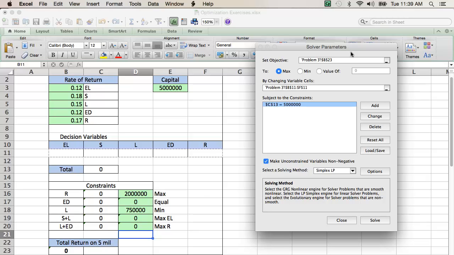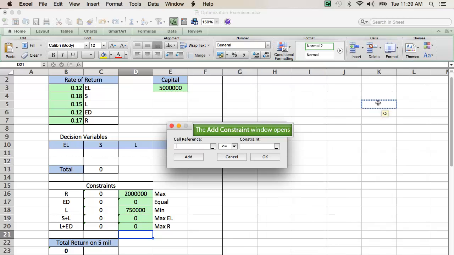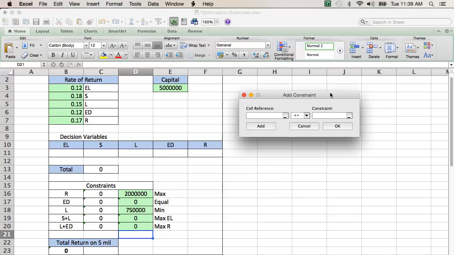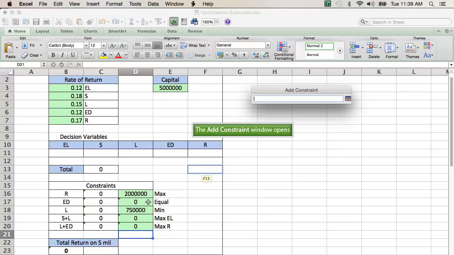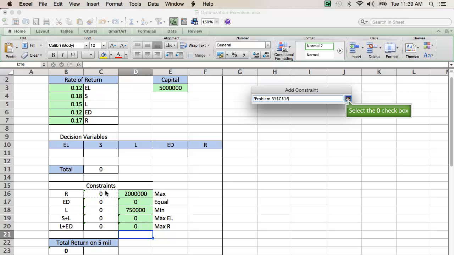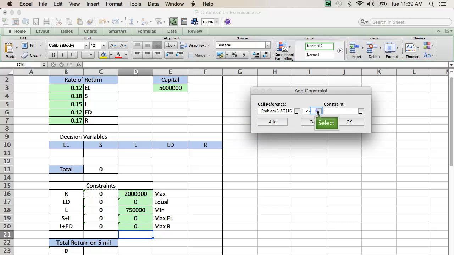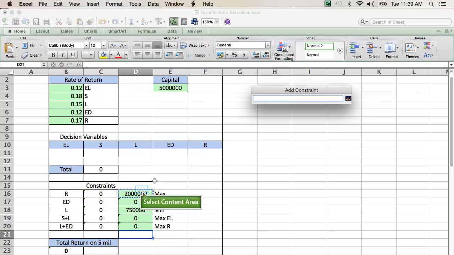Now we have some other constraints to add. First of all, the amount that we invest into retail has to be no more than 40% of our total capital.